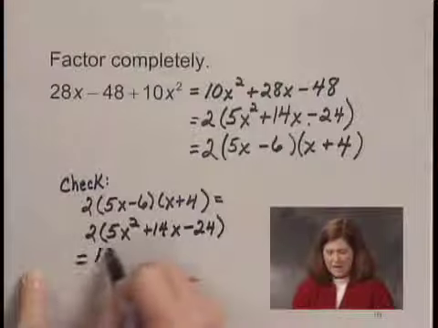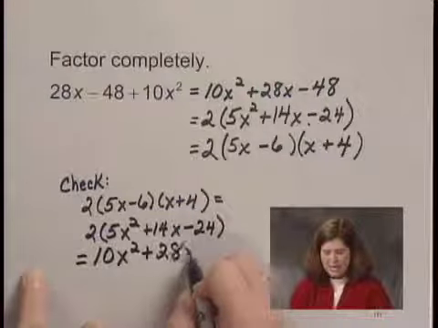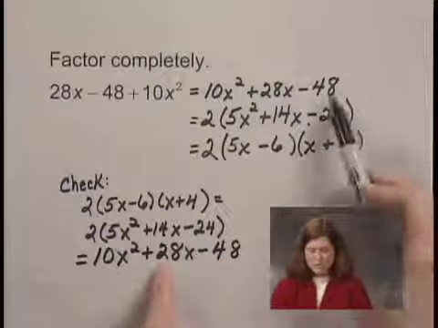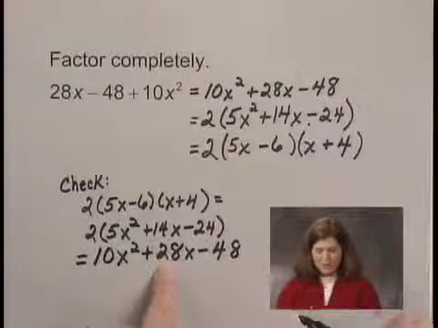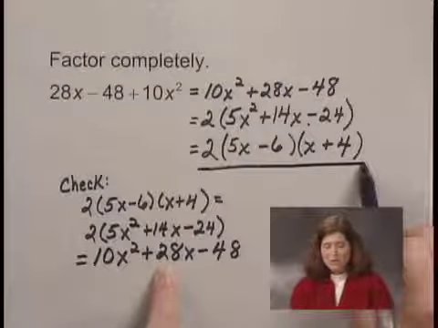Multiplying that, I get 10x squared plus 28x minus 48, which is what we started with, just rearranged. Now this is the factorization of the original polynomial.